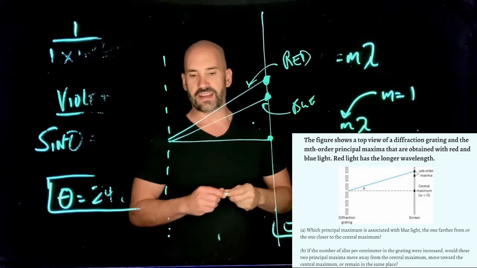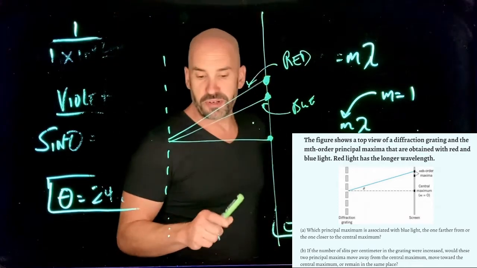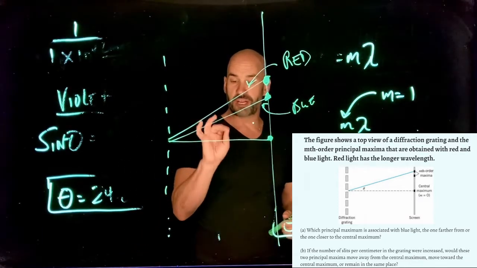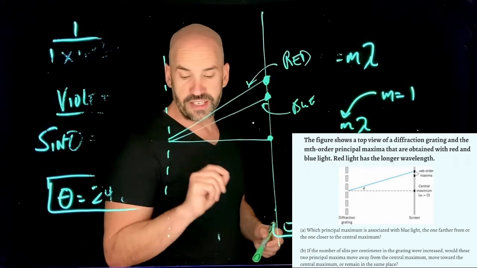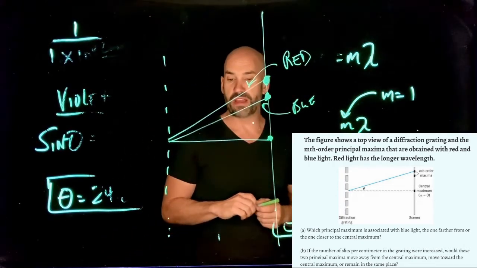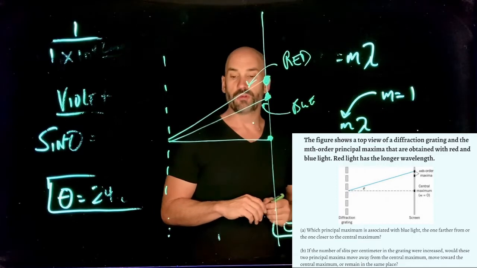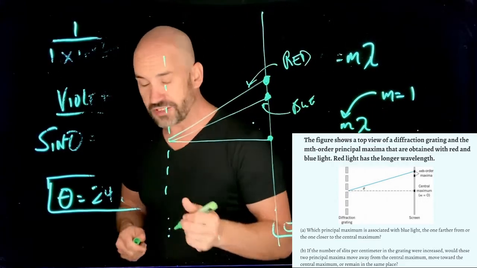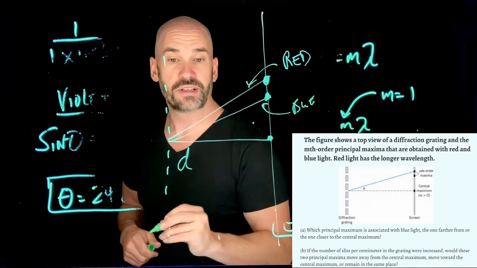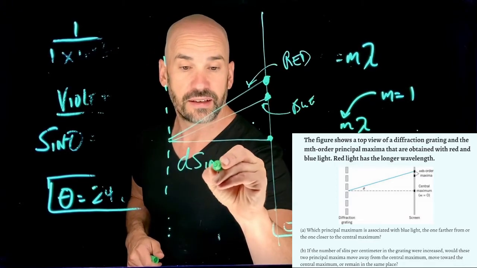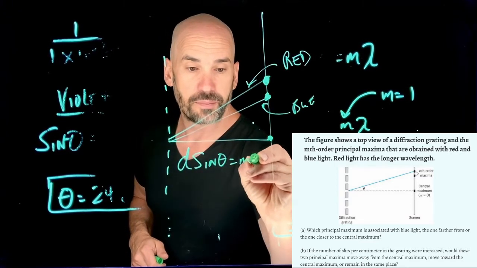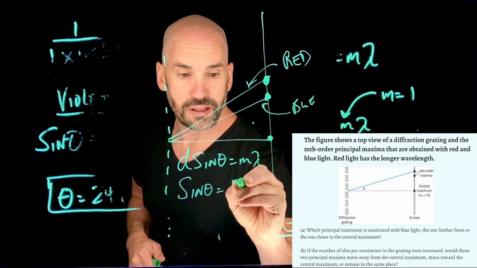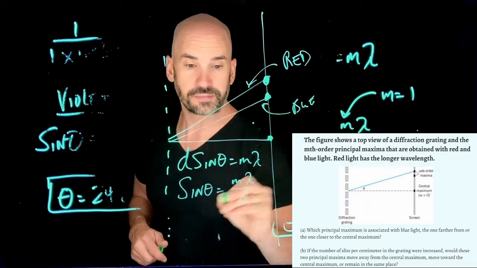Second, it says, if the number of slits per centimeter in the grating were increased, would these two principal maxima move away from the central maximum, move towards the central maximum, or remain in the same place? Well, let's go back to our handy dandy equation: d sine theta equals m lambda, or sine theta equals m lambda over d.